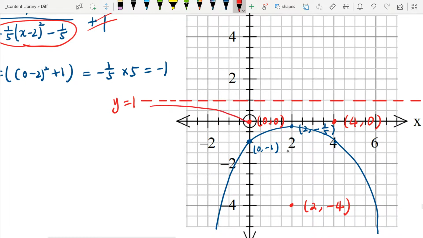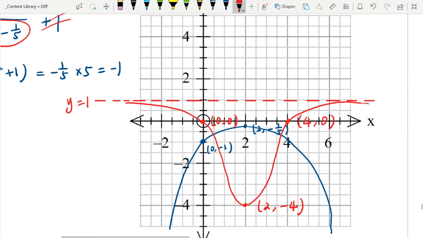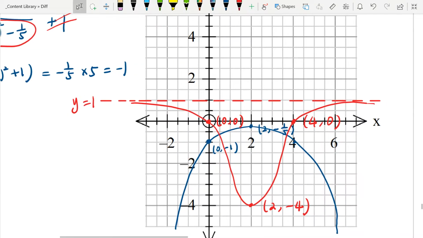You know how to sketch it now? Well, can't really sketch it, but this is a continuous graph from -infinity to +infinity.